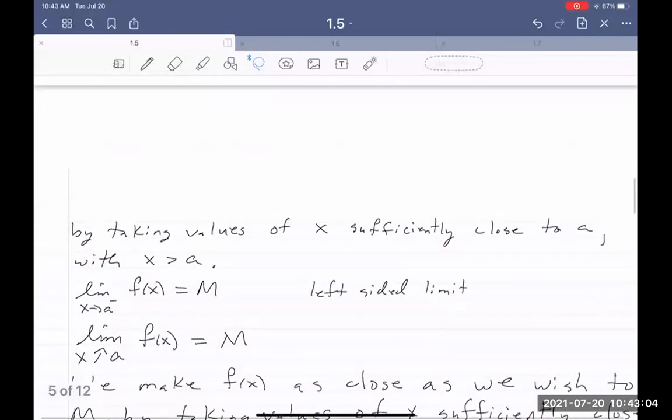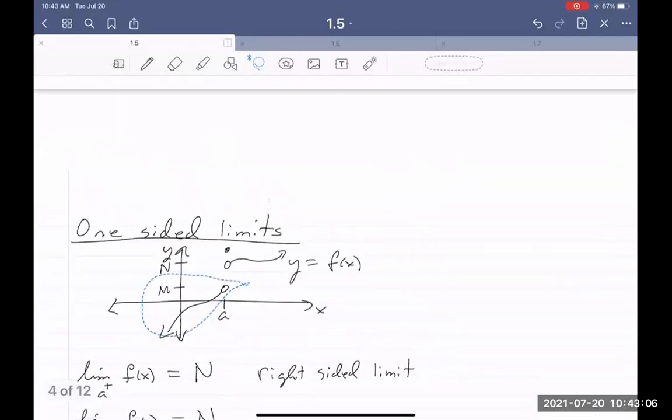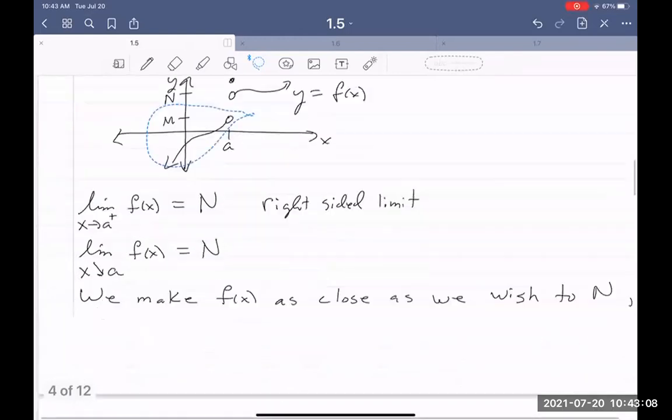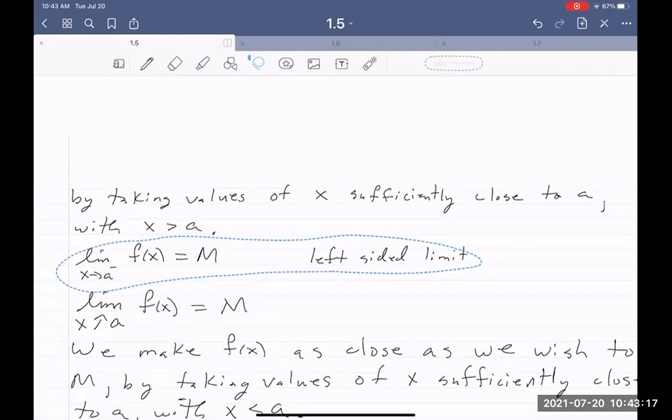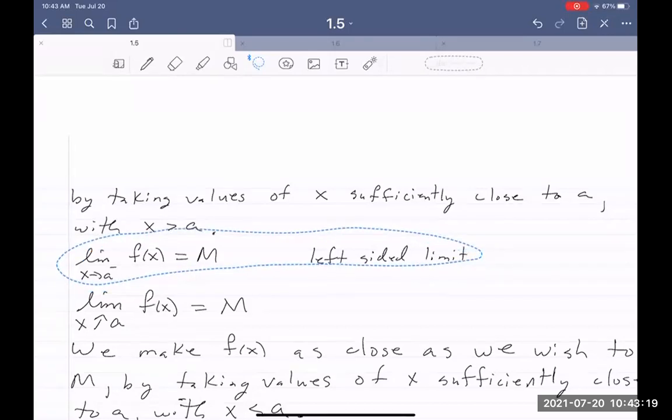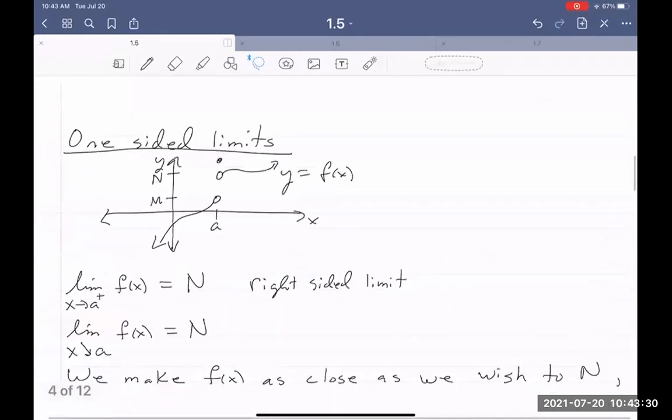Similarly, now let's do it from the left. We'll denote the left-sided limit as follows. The limit as x approaches a from the left side of f of x is equal to m. Remember the picture, I'm approaching m here.